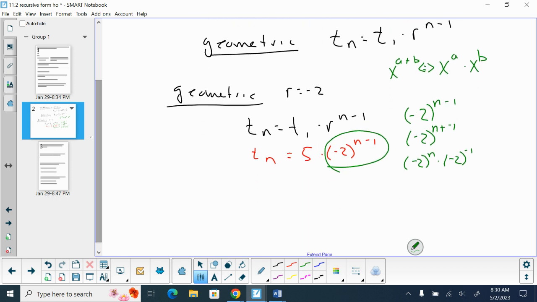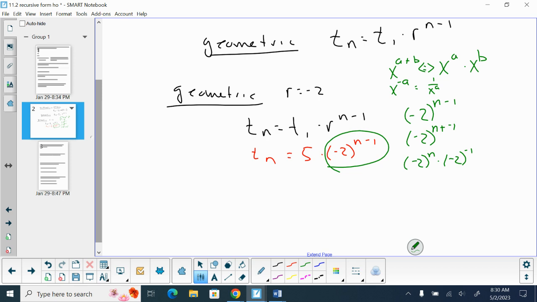So if I look at negative 2 to the negative first power, once again going back to our properties of exponents, x to the negative a power is 1 over x to the a power.